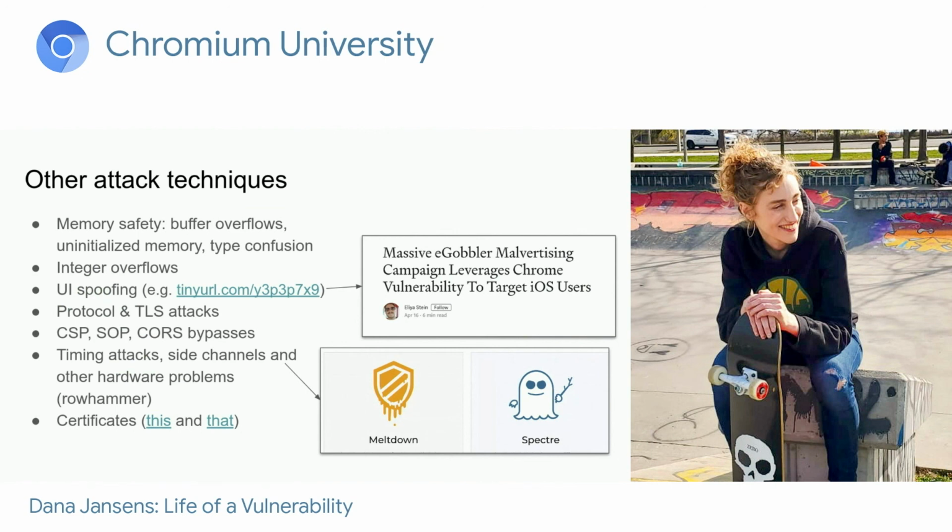There are always attacks on protocols, especially encryption protocols. There are attacks on those headers which try to protect websites from one another, as well as protecting the user from malicious websites. And there's the occasional huge crisis in the CPU, which means we can't rely on any of the foundations that we've always believed in, such as Meltdown and Spectre. And there's the certificate ecosystem.